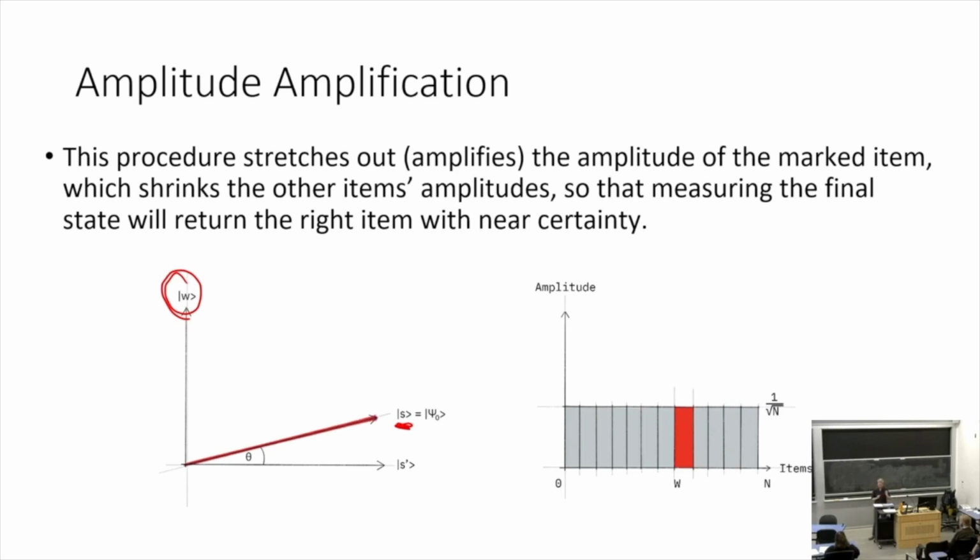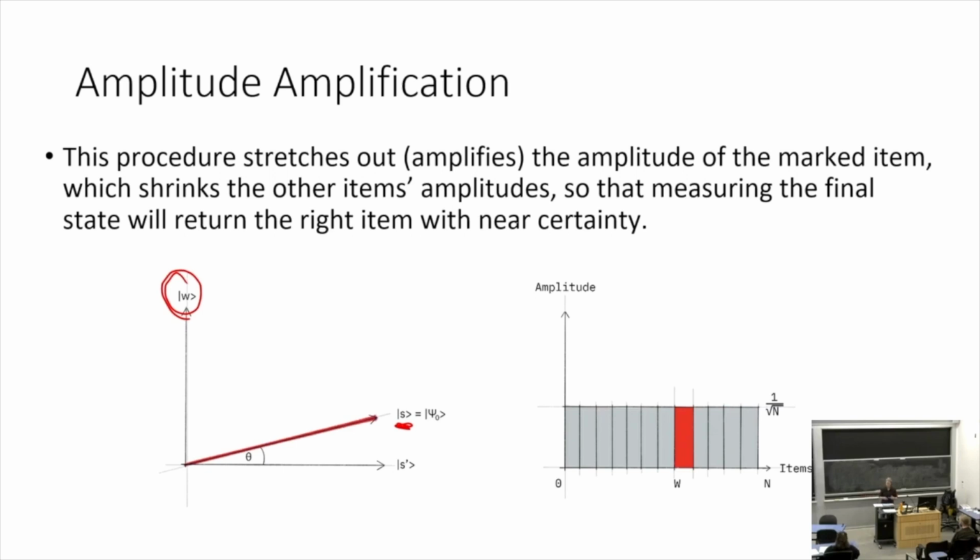So if we want to think about this, we can introduce an additional state. We can call it S prime. That's in the span of these 2 vectors, and it's perpendicular to W. So we create our state S prime perpendicular to W, and it's basically obtained from our superposition state S by removing W and rescaling.